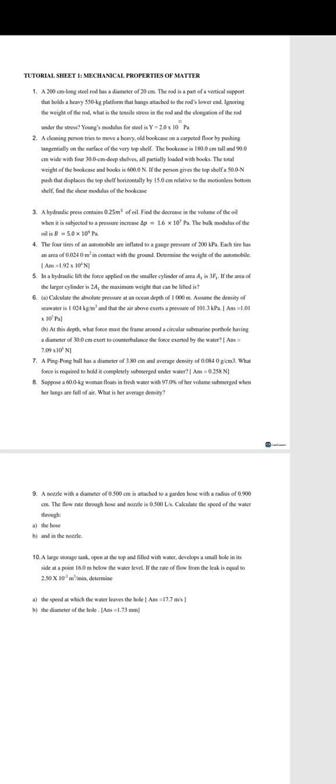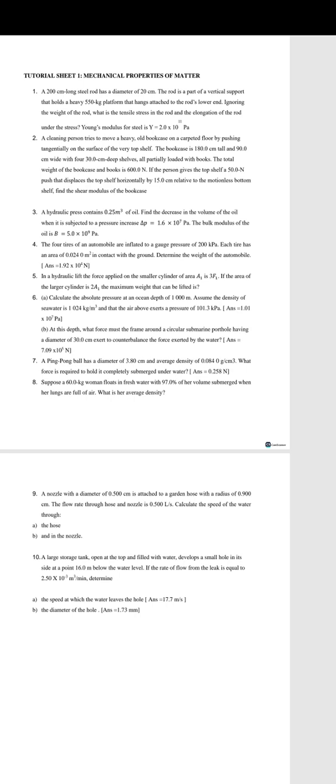Question 2. Question 2 is saying that a cleaning person tries to move a heavy old bookcase on a carpeted floor by pushing tangentially on the surface of the very top shelf. The bookcase is 180 centimeters tall and 90 centimeters wide, with 30 centimeters deep shelves, all partially loaded with books.